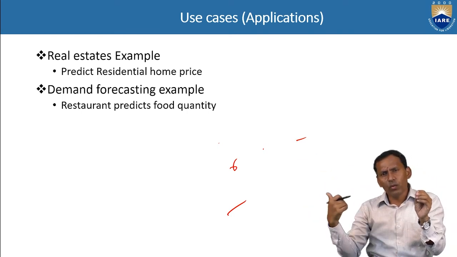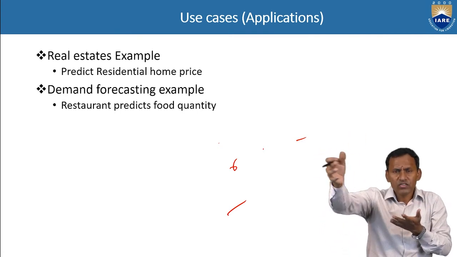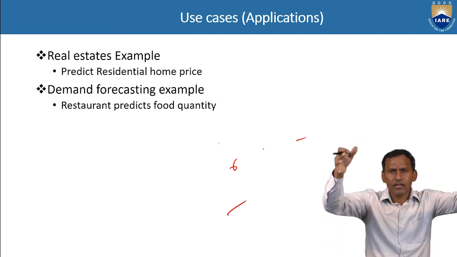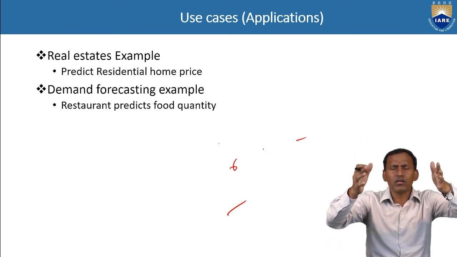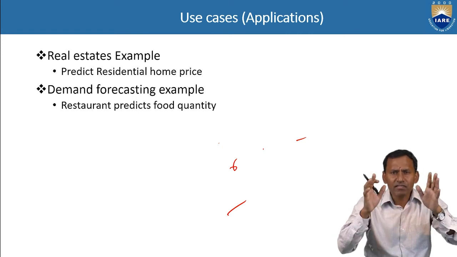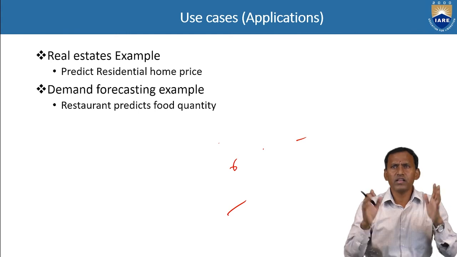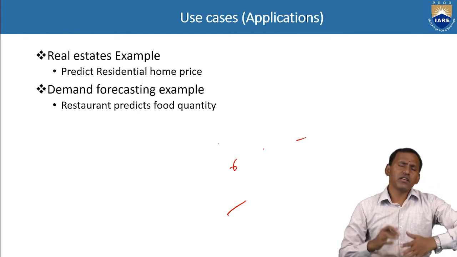But in summer season, people move out. So if more people move out, definitely we need more quantity of food. Based on that, we can predict how much food we require. So these are the use cases of regression analysis.